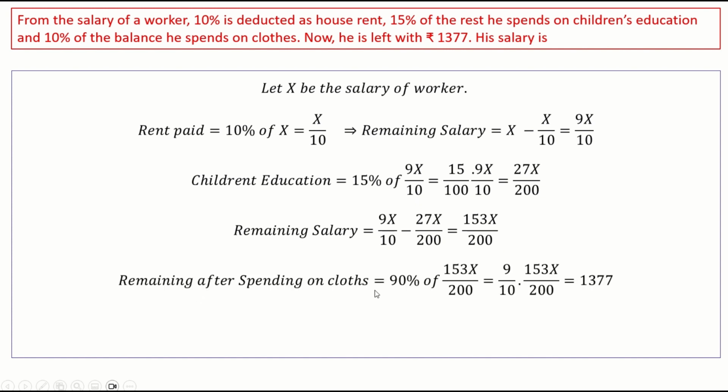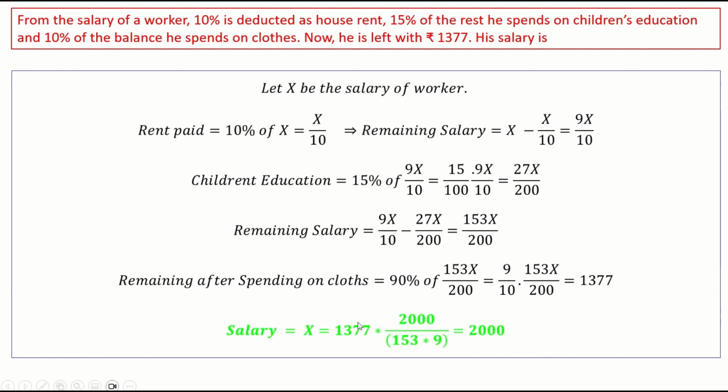Remaining after spending on clothes equal to 90% of the, see, 10% is spent on the clothes, right? On the remaining balance. So 90% will be remaining, right? So 90% of 153x by 200. I'm taking directly whatever I just told here. Instead of two steps, I'm using one step. So 9 by 10 into 153x by 200 is equal to 1377.